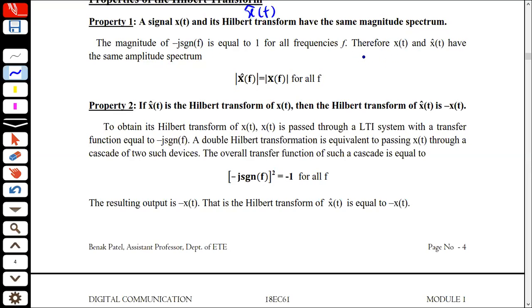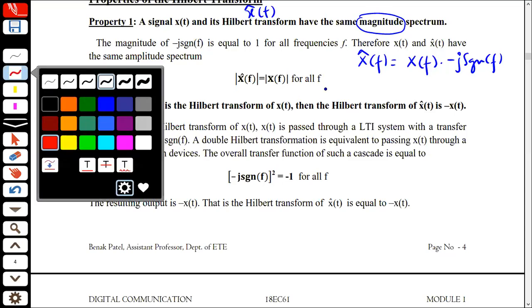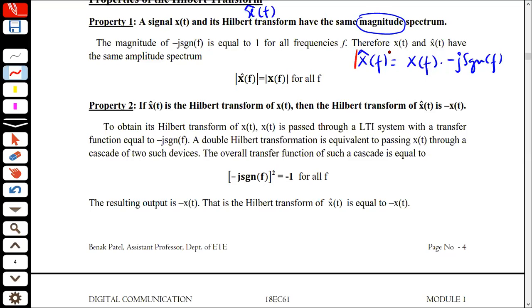We all know that x cap of f is equal to x of f into h of f, and h of f is negative j signum of f. Now here we are speaking only about what kind of spectrum? It's the magnitude spectrum. We have to concentrate on this. In order to get the magnitude spectrum, I should apply the modulus operator.